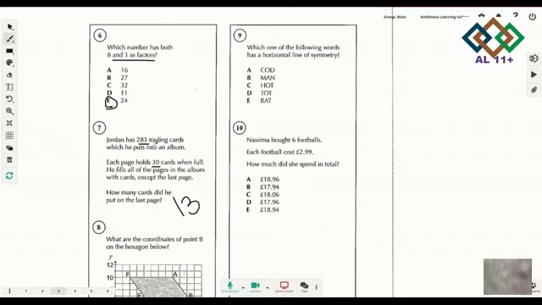You need to calculate how many full pages he needs and how many cards he puts in the last page. You just need to subtract: 283 minus 270, that gives you 13.